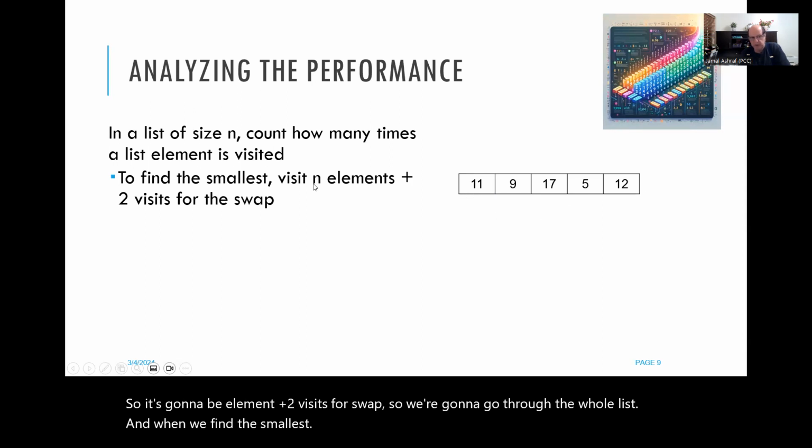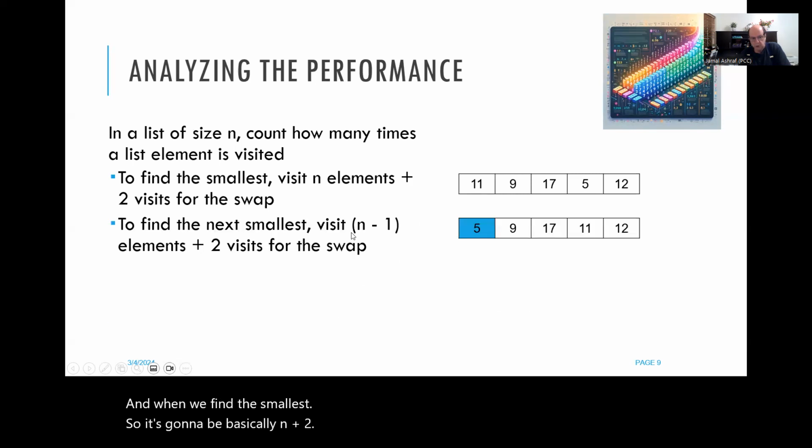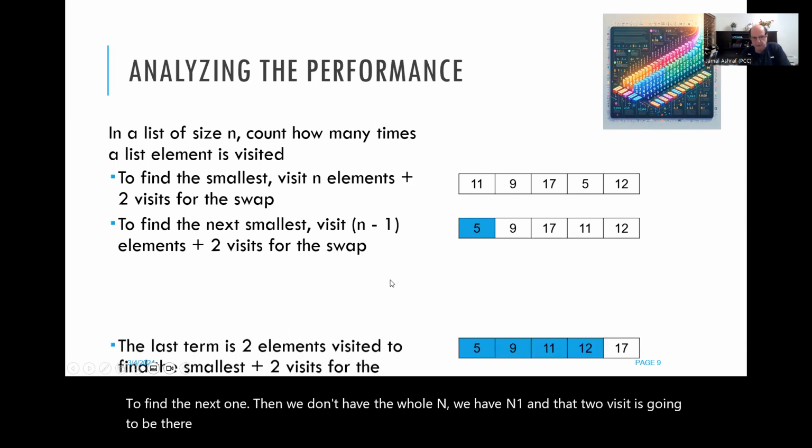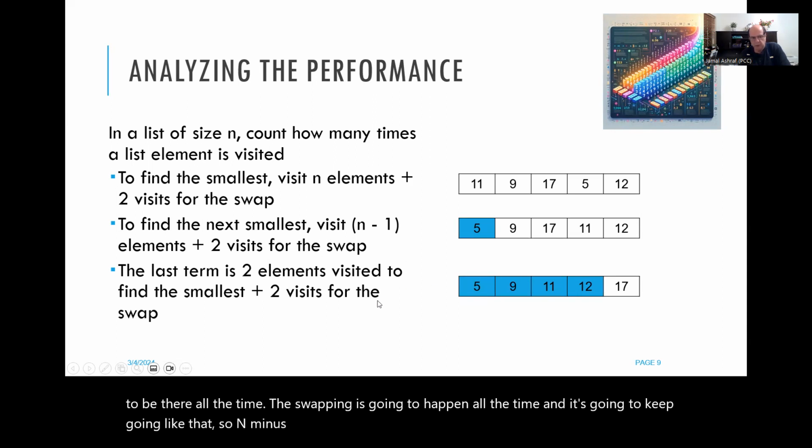So it's going to be basically n plus 2. To find the next one, then we don't have the whole n, we have n minus 1, and that 2 visit is going to be there all the time. The swapping is going to happen all the time. And it's going to keep going like that. So n minus 2, n minus 3, all the way through the whole list.